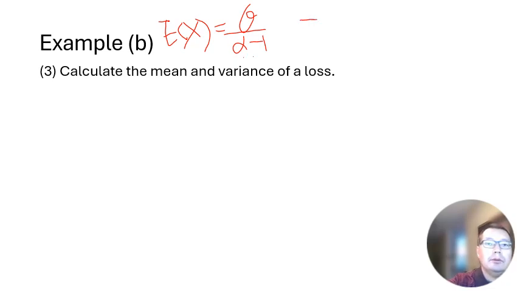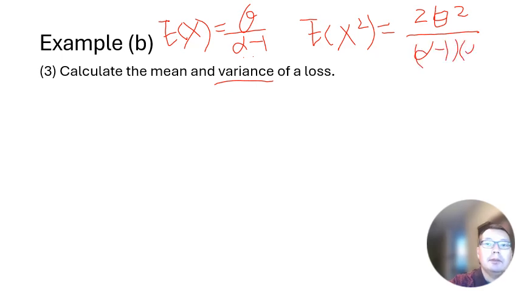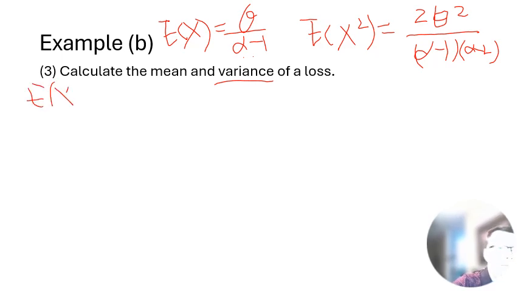Since it is asking for variance, we also need to know the second moment, Ex squared, which is 2 theta squared over alpha minus 1 times alpha minus 2.